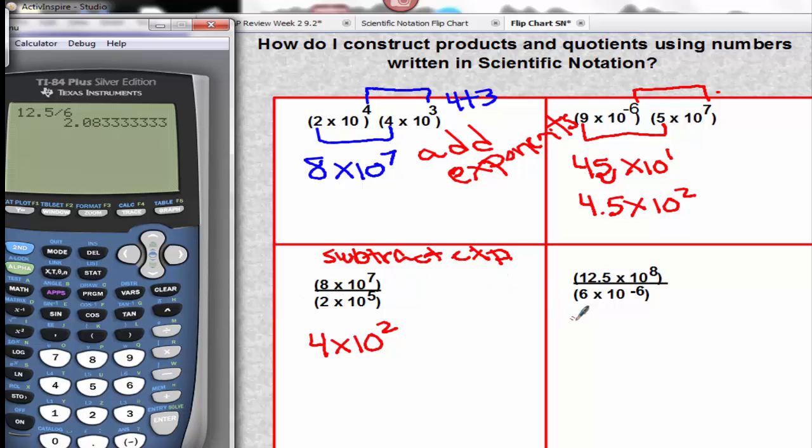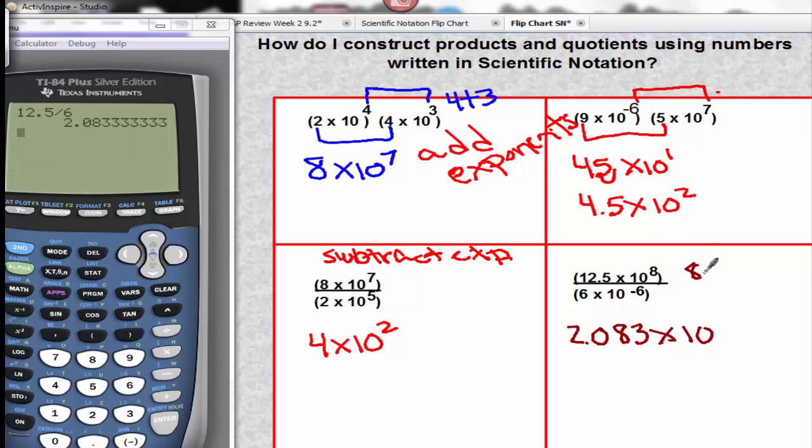So I'm going to put 2.083. And I know it's going to be times 10 to something. Well, I know when I divide, I'm going to subtract my exponents. Well, 8 minus a negative 6. So I have 8 minus negative 6.